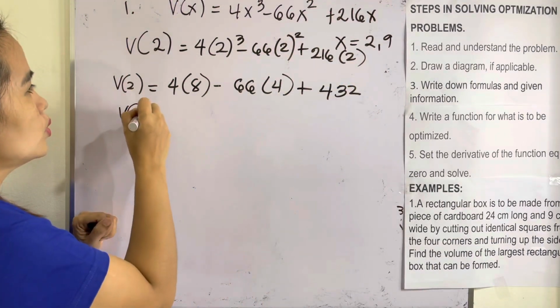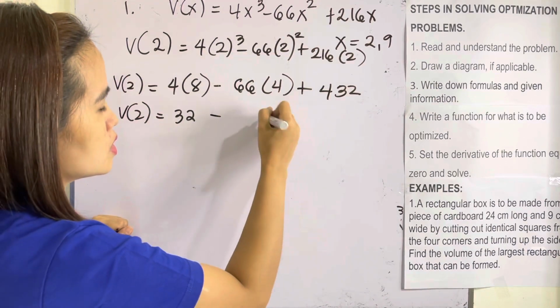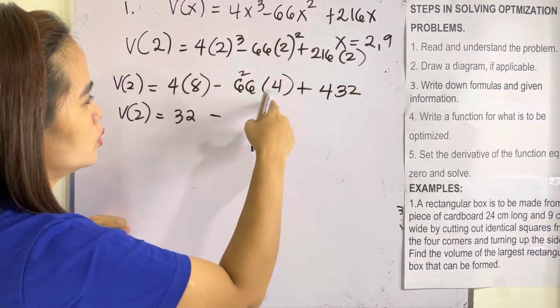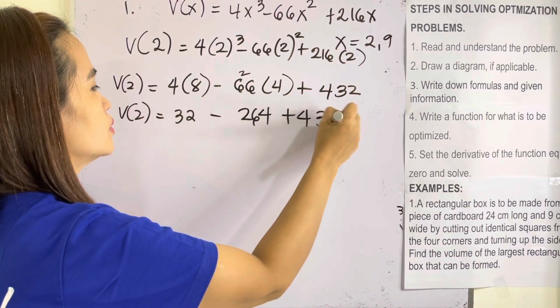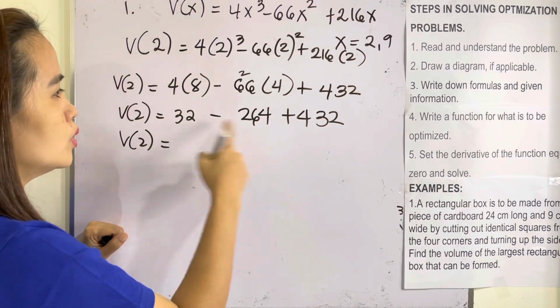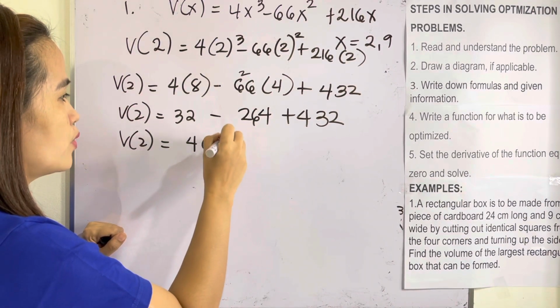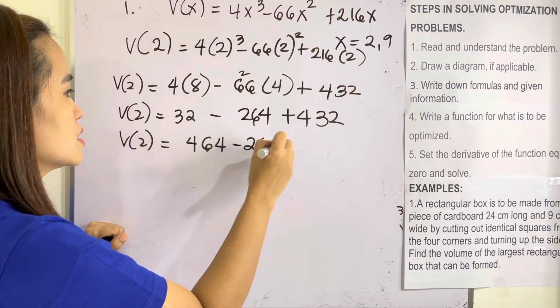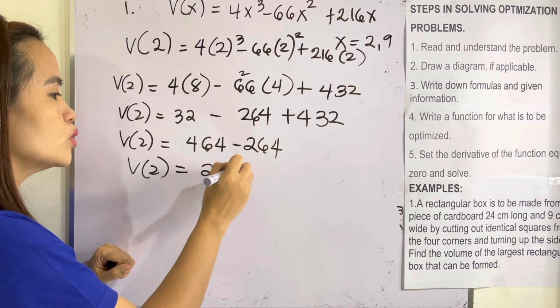So V of 2 is equal to 32 minus this one is 24, carry 2, 24, 26 plus 432. So V of 2 is equal to 464 minus 264. V of 2 is equal to 200.